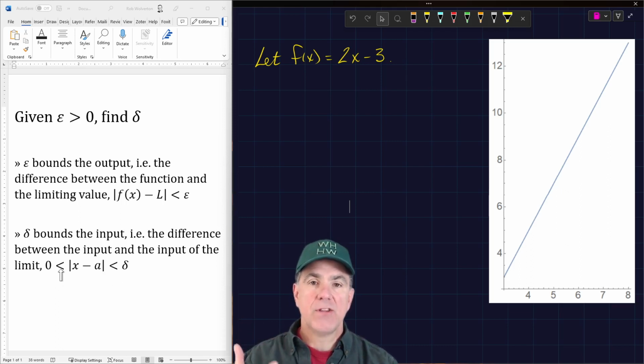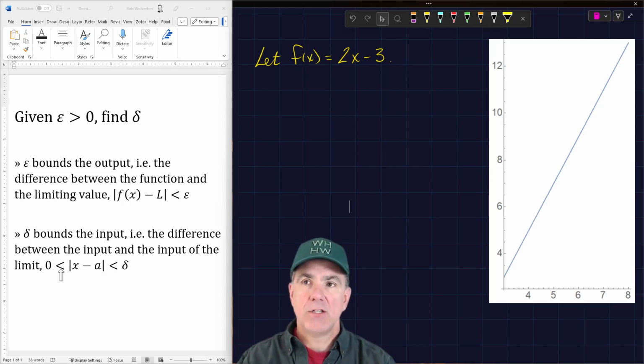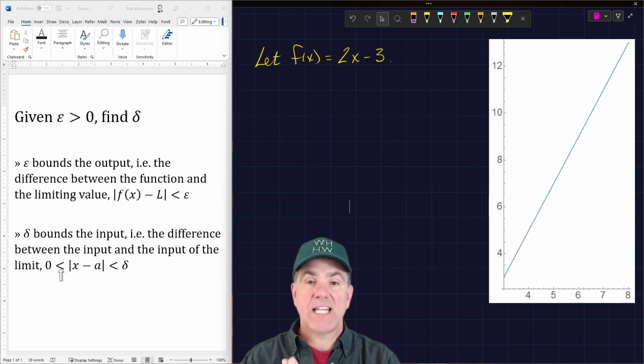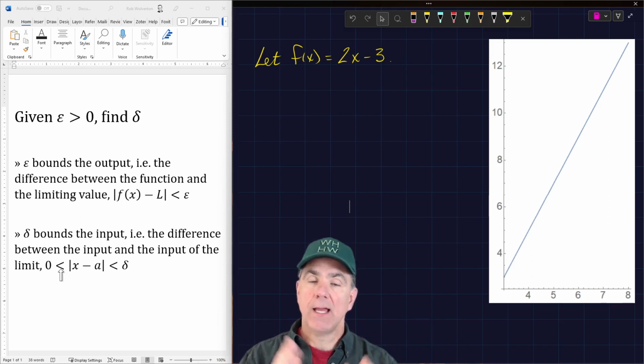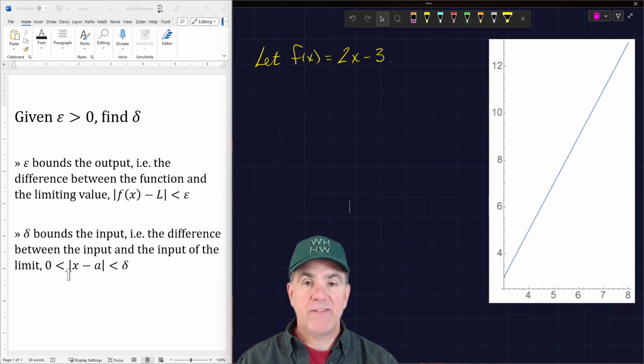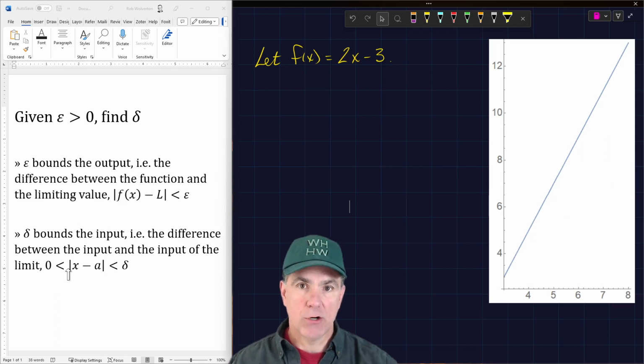We're bounded greater than 0 here because we are not going to allow x to actually be equal to A. Limits are always approaching but never equaling, and that's how we protect that, by forcing the absolute value to be greater than 0.